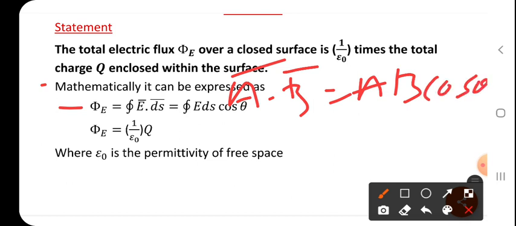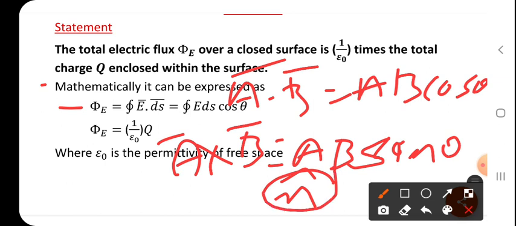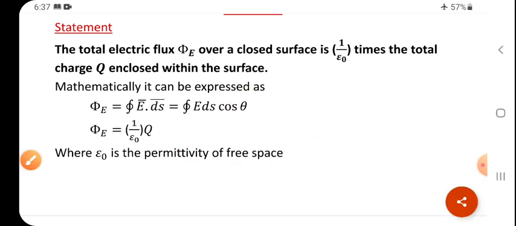For dot product it is cos theta. For cross product, a bar cross b bar can be written as ab sin theta times n cap. So n cap is a normal unit vector, okay.